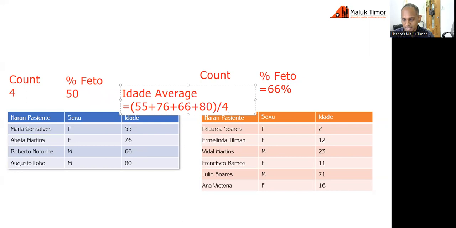To do it one more time, the average age is equal to the total of this plus this plus this plus this divided by this.